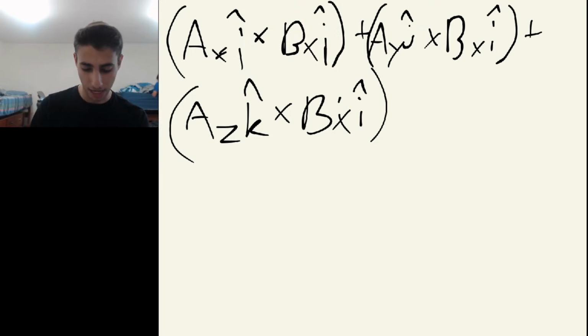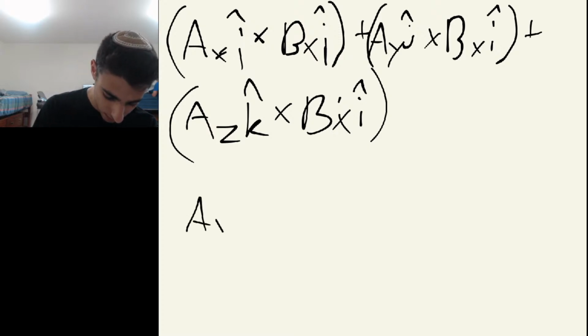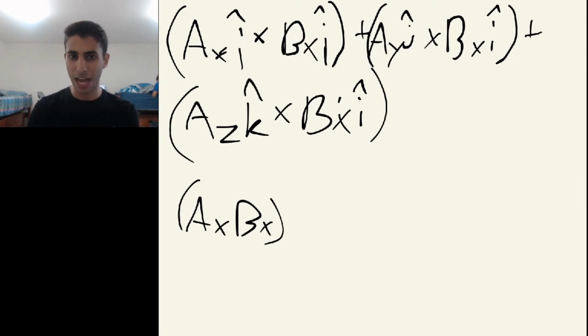So what is AXI cross BXI? That's going to be AX times BX, the first part, and that times I cross I. What is I cross I? We've done this. The cross product of two vectors is the magnitude of the first vector times the magnitude of the second vector times sine of theta.